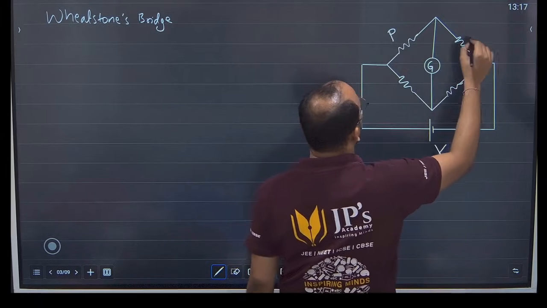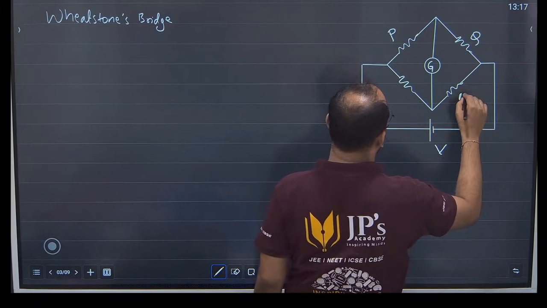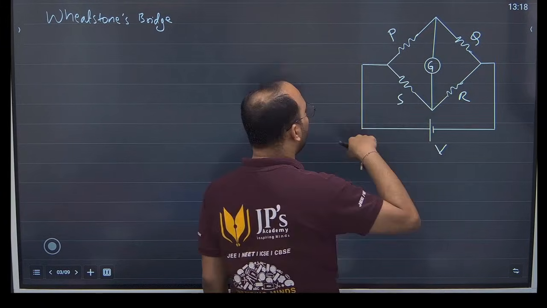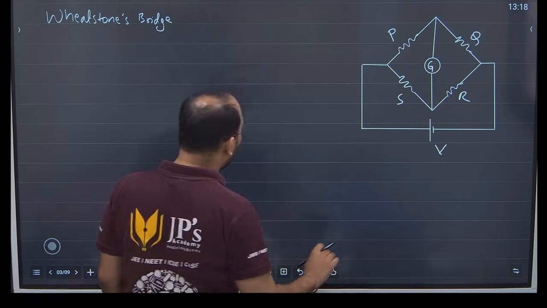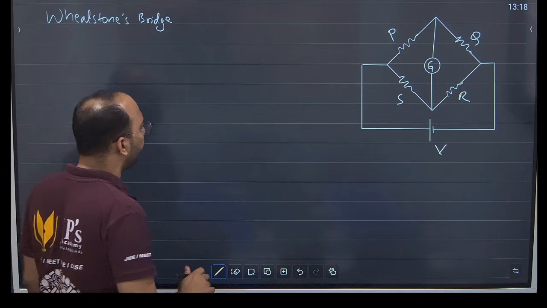And here let's say this is some P resistor, this is some Q resistance, this is some R, this is some S, PQRS, G is galvanometer. ओके, and what we have to prove here is derivation क्या करना है, सुनो.